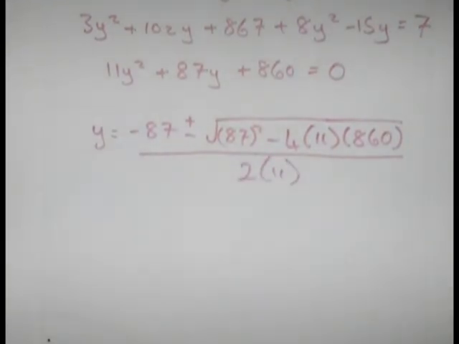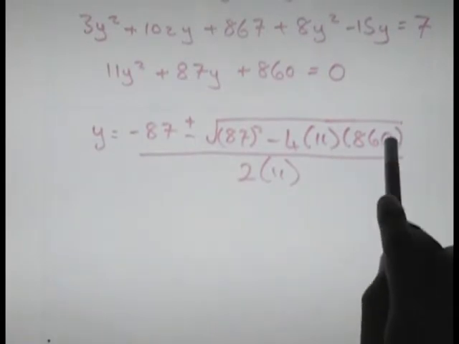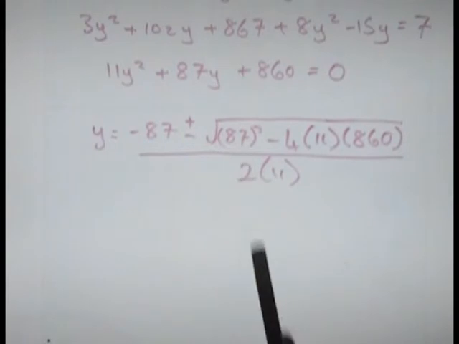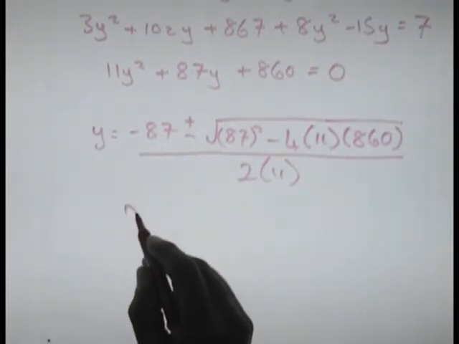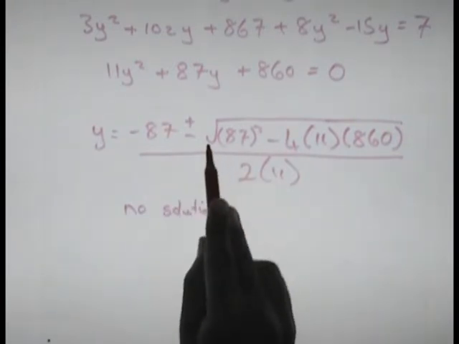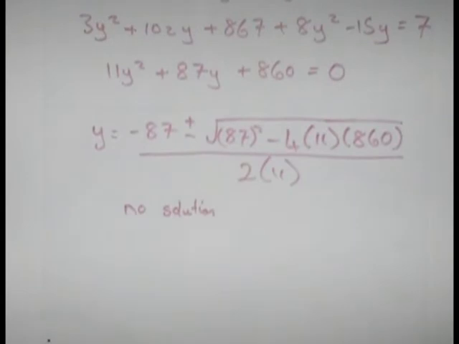Now the problem is 4 times 11 times 860 is going to be greater than 87 squared, which means that for this there is no solution, because we cannot have the square root of a negative.